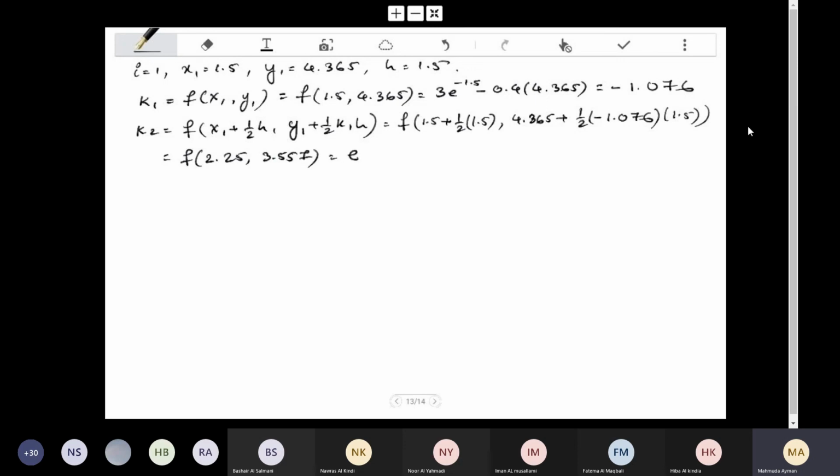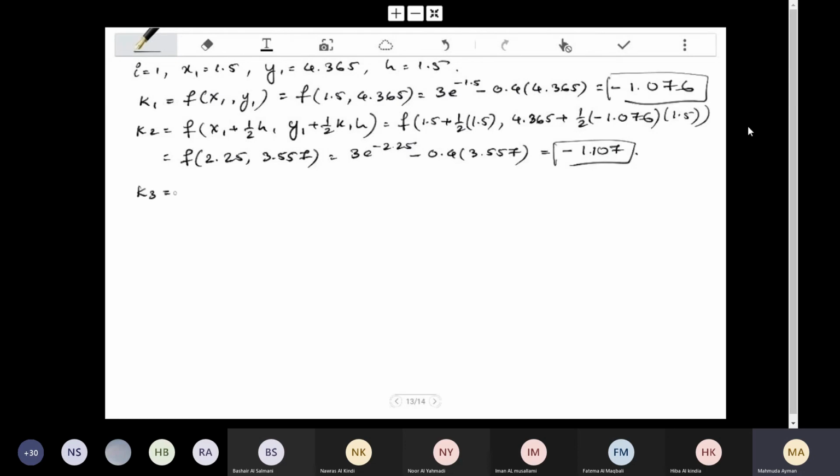So if we put that now inside our function value, we have 3 times e to the power minus x, that's 2.25, minus 0.4 times y, that's 3.557, and that gives us the value as minus 1.0107. So that's K2, this is K1.